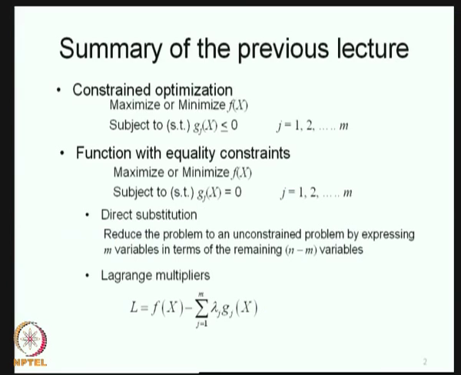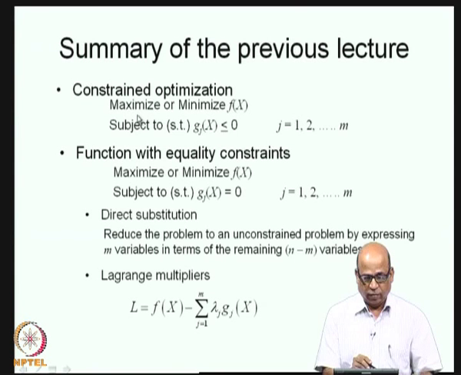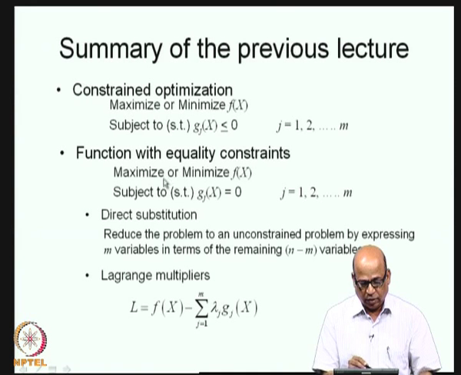We introduced constrained optimization, where we are talking about minimization or maximization of a function f of x subject to g j of x less than or equal to 0. This is a general form of the optimization problem, and we dealt with optimization of functions subject to equality constraints.